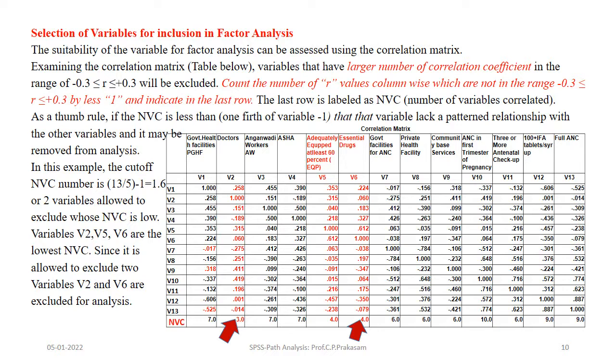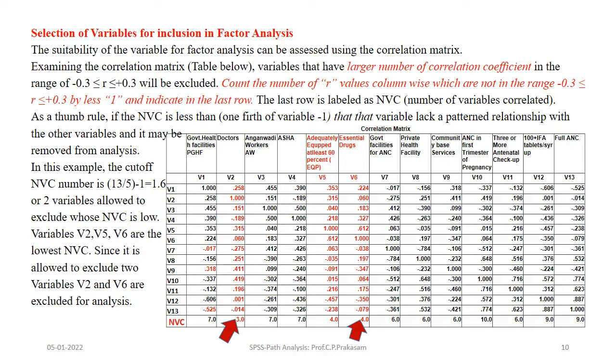Examining the correlation matrix, the variables that have a larger number of correlation coefficients in the range minus 0.3 to plus 0.3 will be excluded. This is the most important thing. Variables that have a larger number of correlation coefficients in the range between minus 0.3 to plus 0.3 will be excluded.